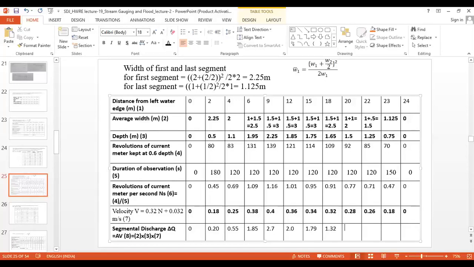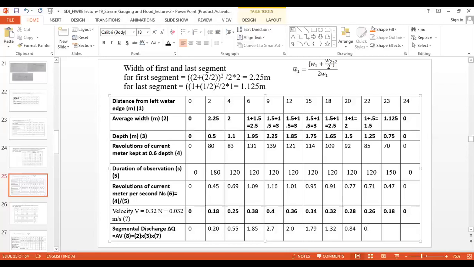Next to that, average width 1.5. Sorry, average width as 2, depth as 1.5, that is 3, into 0.28 as velocity. That is 0.84. Next to that, average width 1.5, depth as 1.25 into velocity as 0.26.